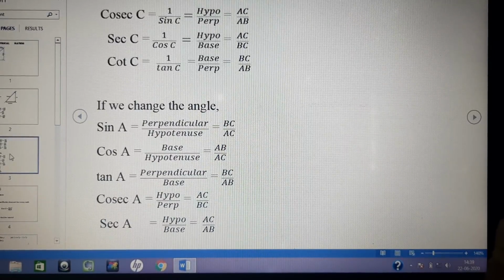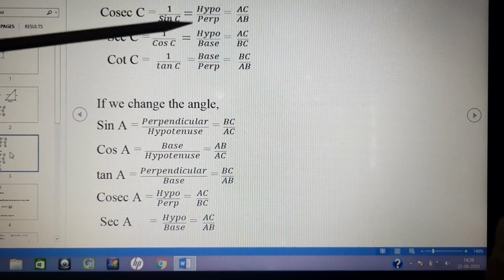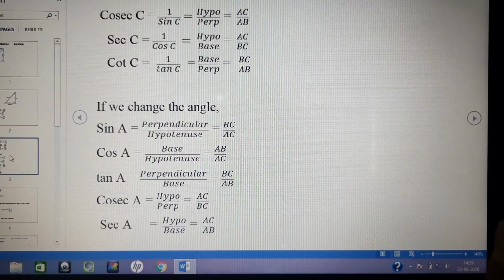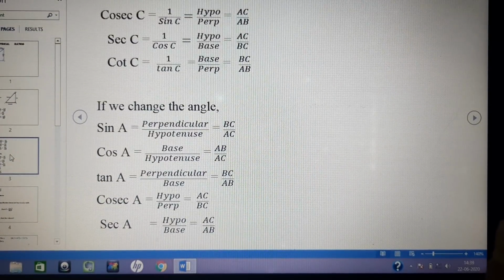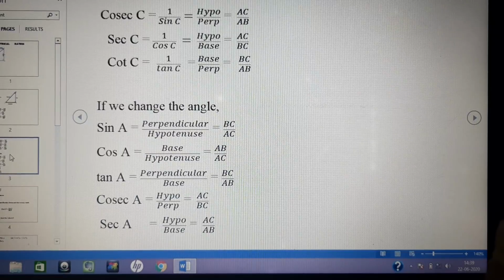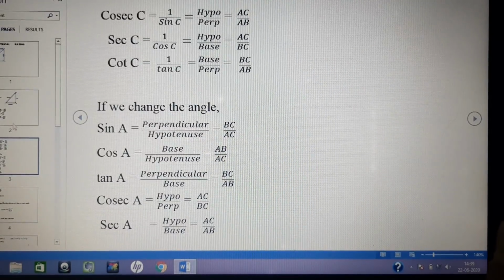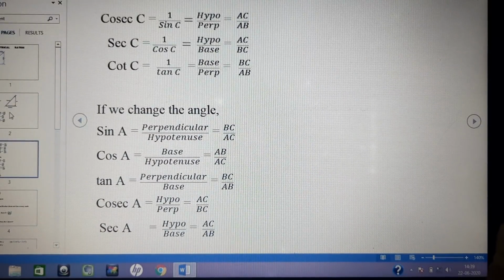Because they are reciprocals, instead of perpendicular upon hypotenuse it becomes hypotenuse upon perpendicular. Cos theta was base upon hypotenuse, its reciprocal becomes hypotenuse upon base. Likewise cot also.